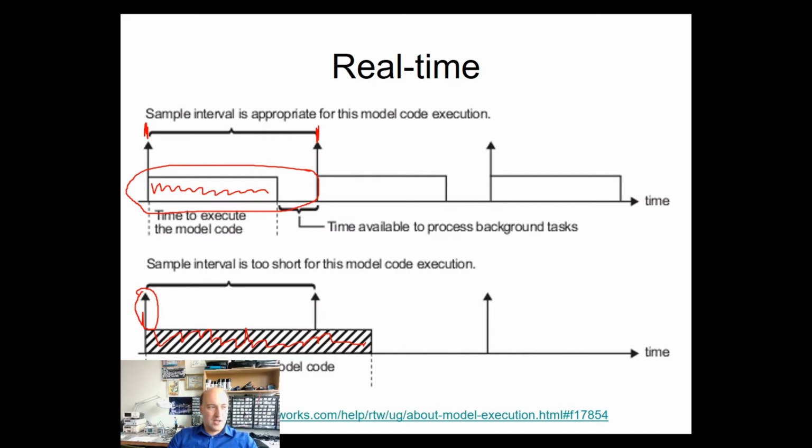So in this situation, this cannot run in real time, and I need faster hardware. Or if it's possible, I need to adjust the sampling interval, for example, to be here. So I need to decrease the sampling frequency.